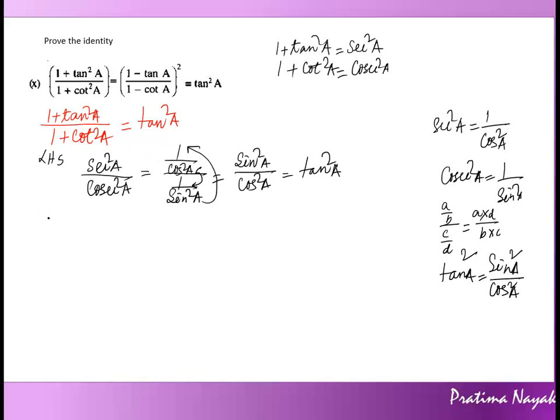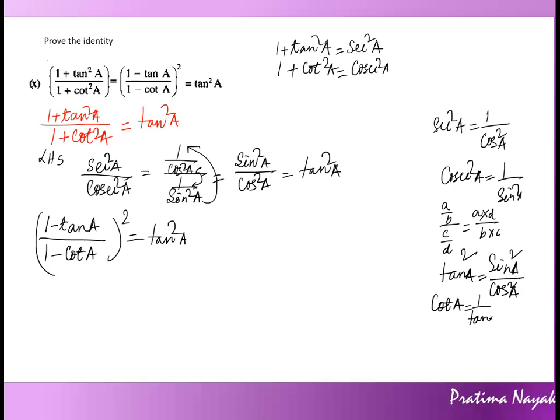Now coming to the second part. What is it? (1 minus tan A) by (1 minus cot A) whole square is equal to, I'll prove, tan square A. So here what I'll do, I'll convert cot as 1 by tan A. Let me rub this so that I can make some space to write more things.